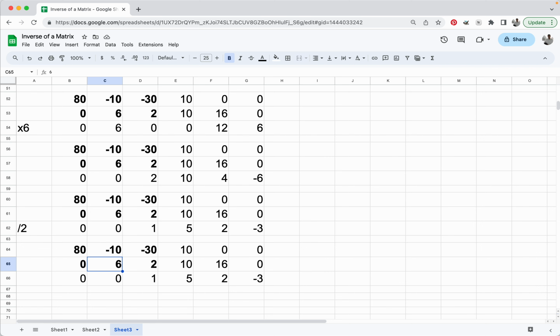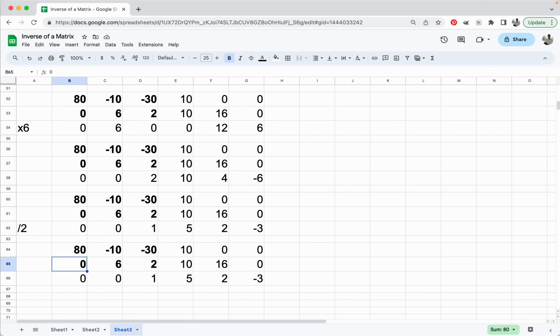I'll make this 2 become 0 now. So I'll multiply this by 15, row 2 by 15. Is it a good idea?